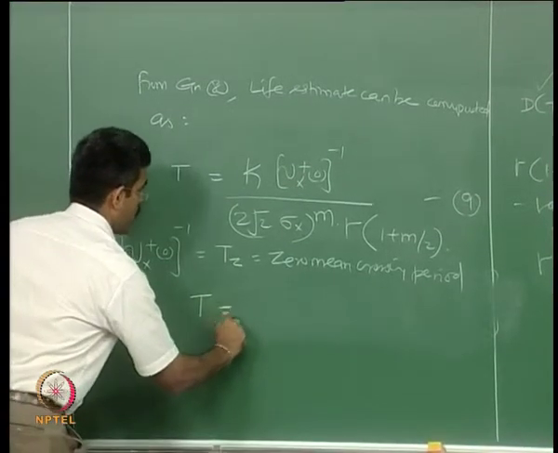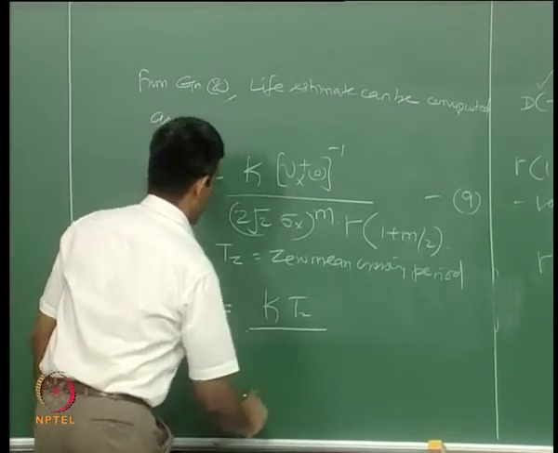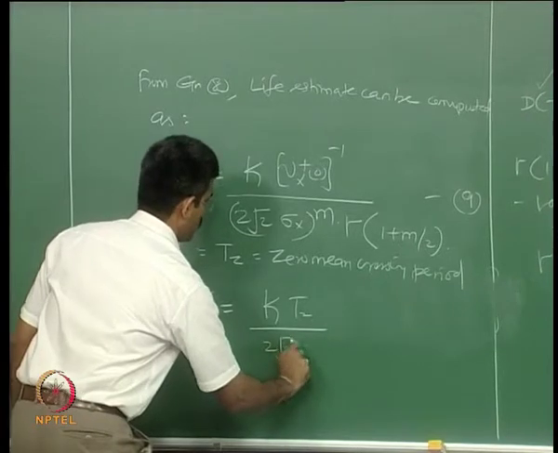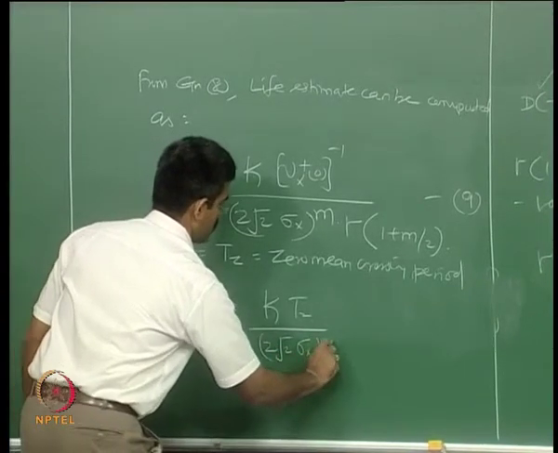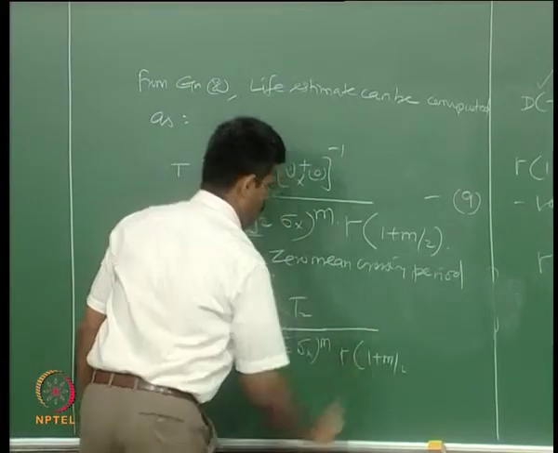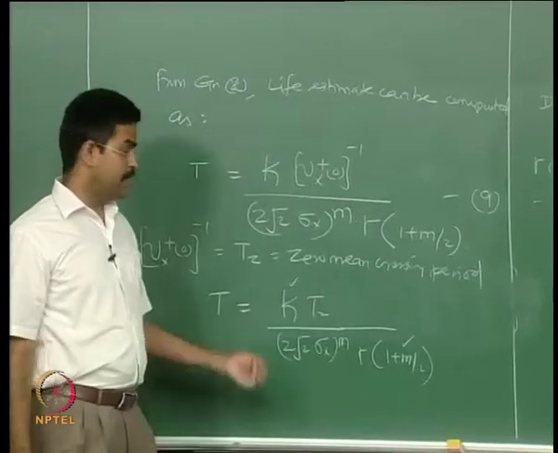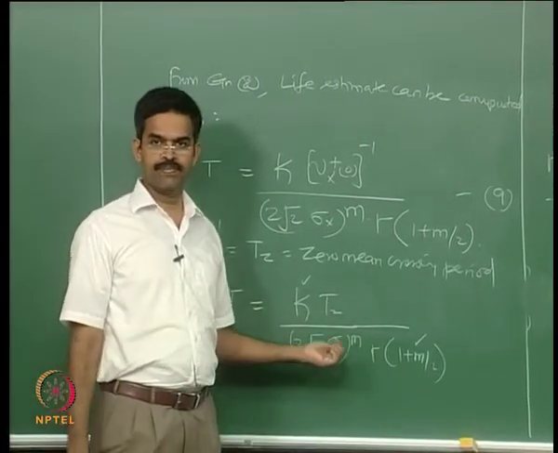Therefore, T can be given as K Tz by 2 root 2 sigma_x to the power m, gamma 1 plus m by 2, where m and K are material properties.